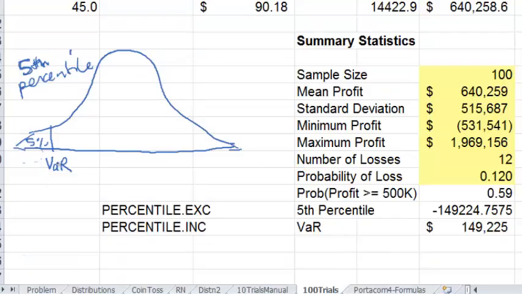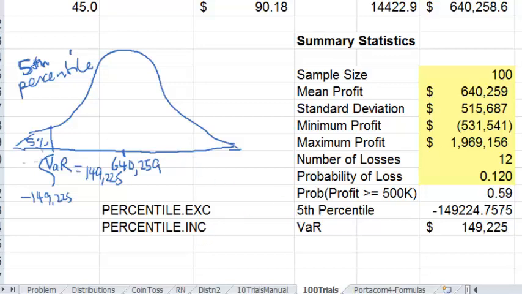So the number here corresponds to negative 149,225, and the value at risk is actually the positive, so it's 149,225, and the mean, of course, according to our simulation, is 640,259.